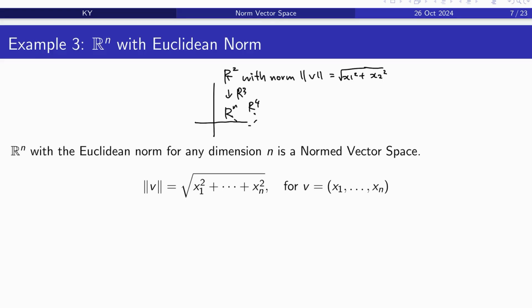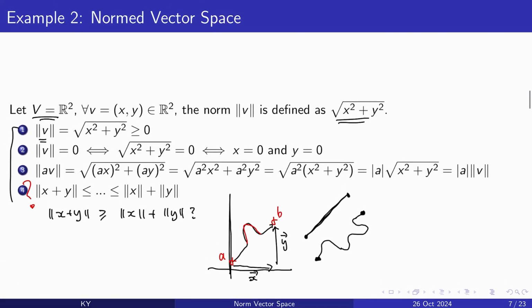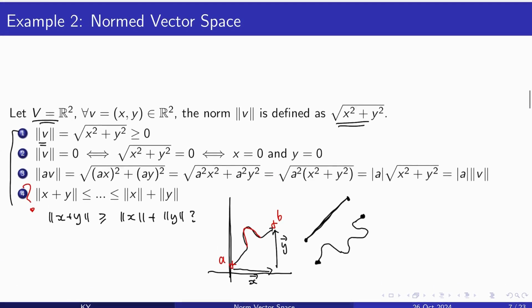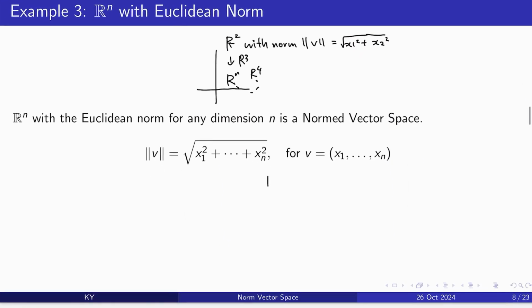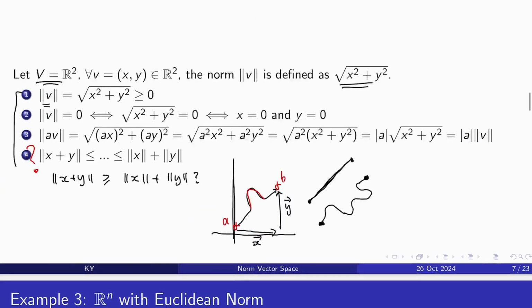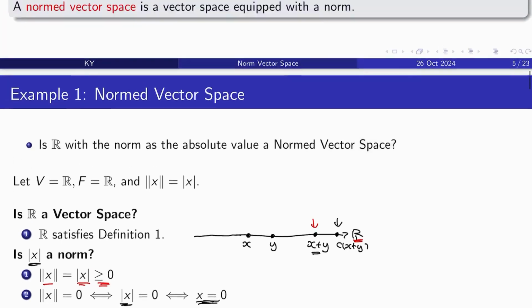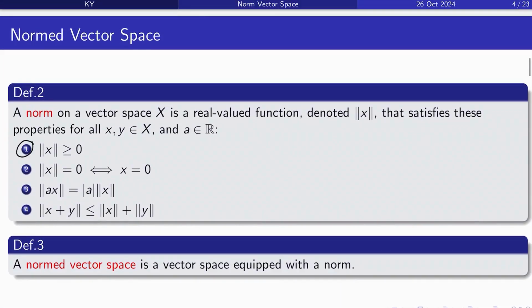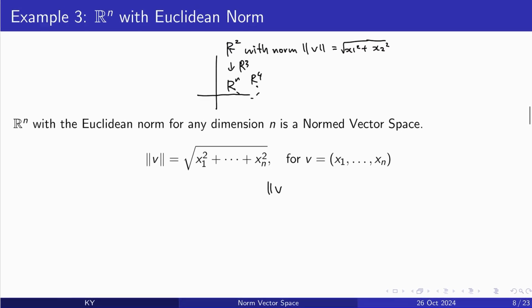Well, if you think about it visually, let's consider the first condition of being a norm, which we have right here, that the norm has to be non-negative.